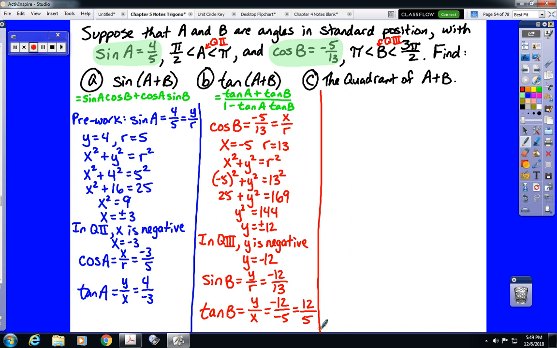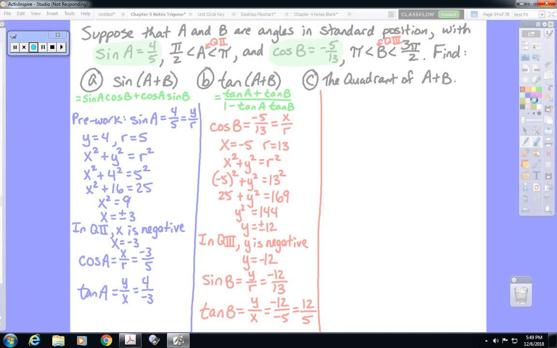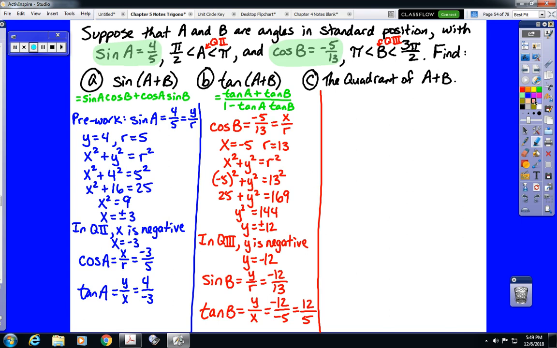So now we are finally ready to actually do the problem, because now we know all 6 values that we need to know. We were given in the directions that sine of A is 4/5. We used that to find that the cosine of A was negative 3/5, and the tangent of A was negative 4/3.